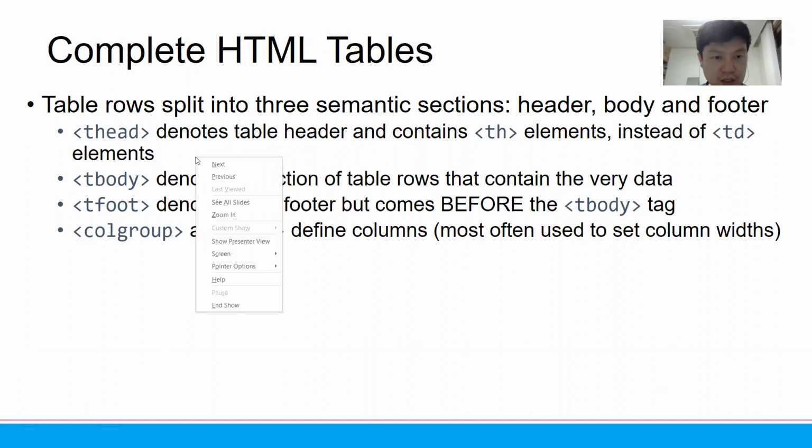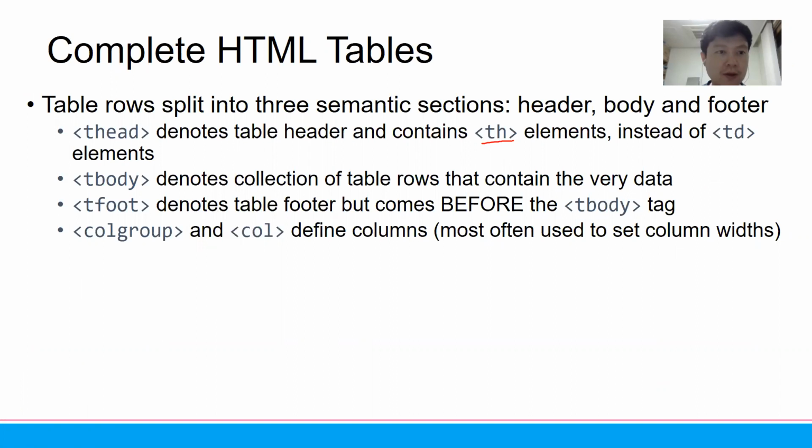So we are not using the td for the header, but we are using th. And the tbody means the collection of table rows that contain the very data. Contain every data. Okay, so maybe I mistake by this one. The tfoot denotes the table footer, but comes before the tbody. Okay, you will see later with examples. So how the footer will appear. And we can also do with the column definition, like colgroup and col. That is to set the column width.